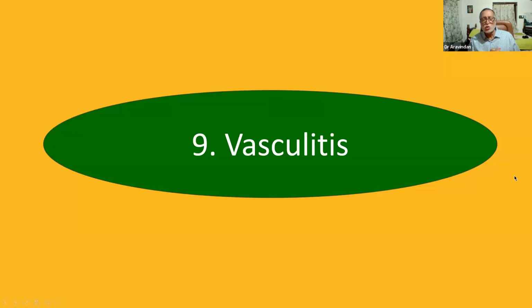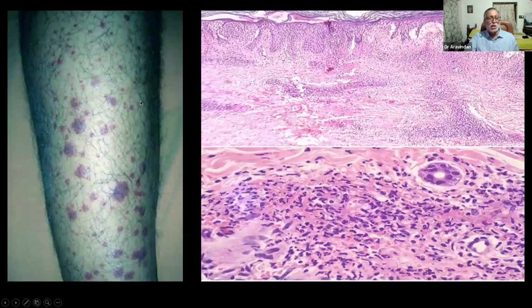The next is vasculitis. It's a condition where you frequently need immunofluorescence and other tests to make a correct diagnosis.